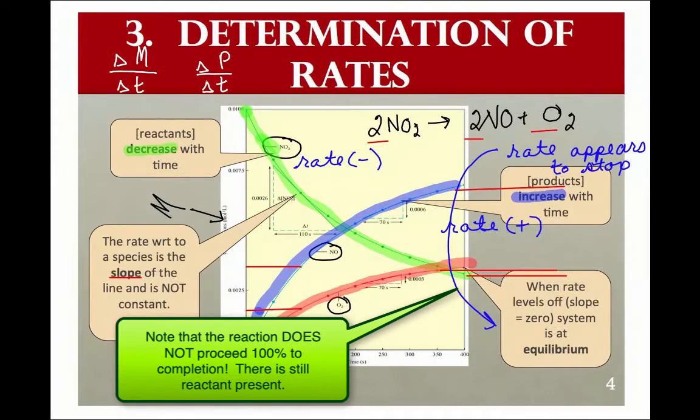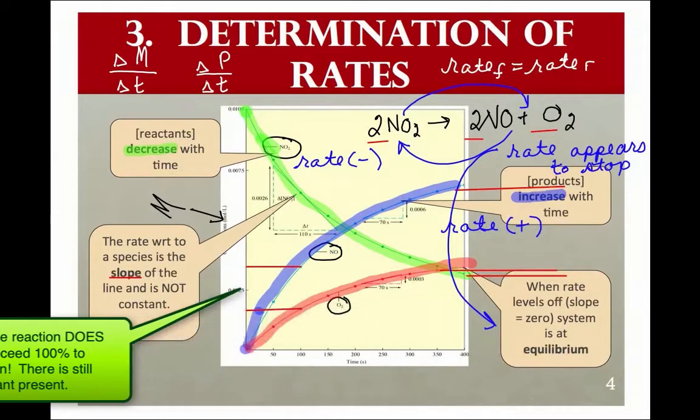What has really happened here is that the rate of our forward becomes equal to the rate of our reverse. So for every NO2 that decomposes, we would have nitrogen monoxides and oxygens reforming the NO2.